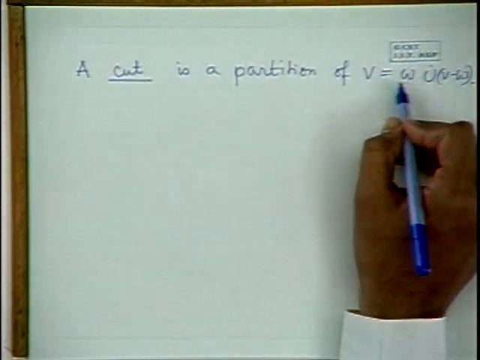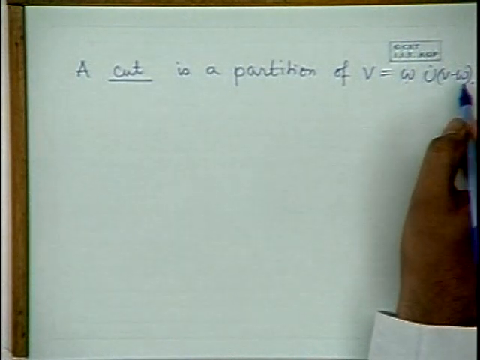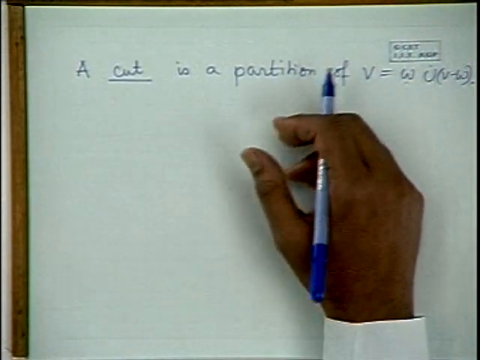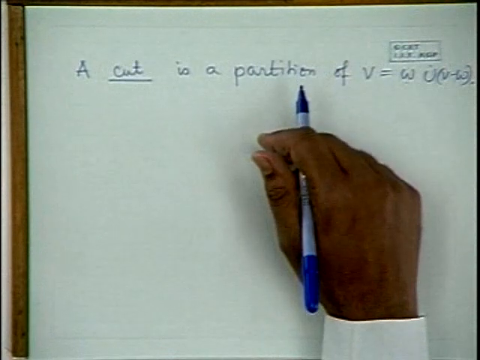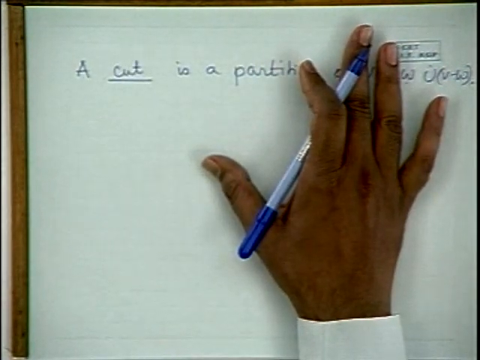One is W, another is V minus W. That tells you it's a cut. Any partition is a cut. That's the definition.